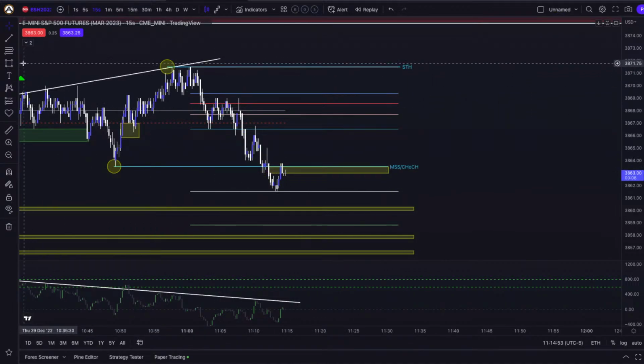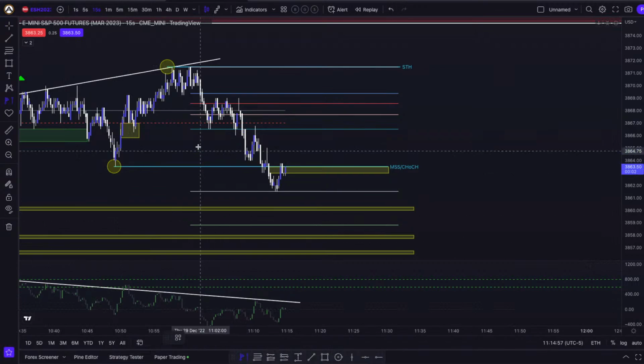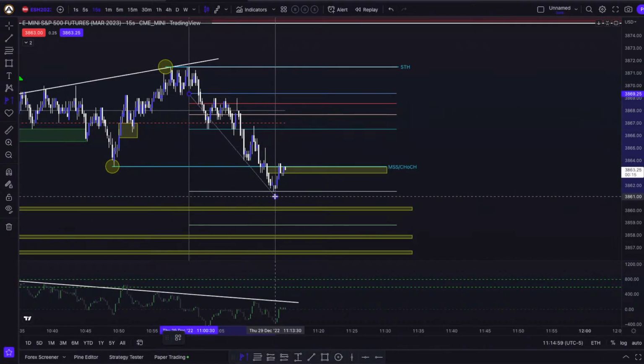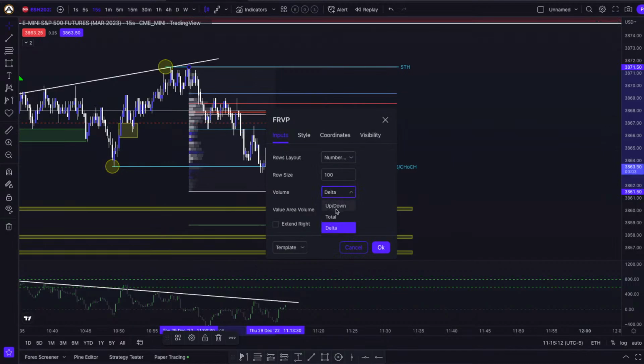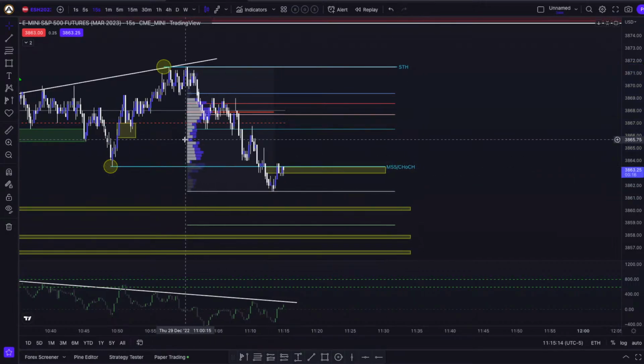Our optimum trade entry would be very likely where most of the volume has been put in place. Right here, yep, exactly. Right up here we have a small volume inefficiency, and pretty much all the way through here the volume has been spread out very evenly, up, down.